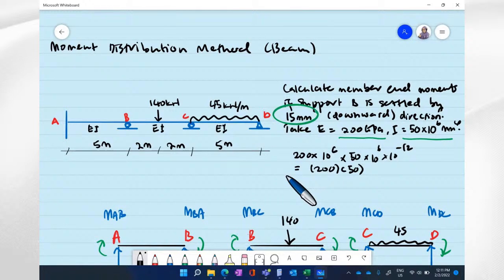Actually, roller or pin in a beam has a similar effect, so it doesn't matter whether it is pin or roller, unless fixed, because fixed has moment. In a beam, we have to neglect the axial deformation and the horizontal force. Horizontal force also will be 0.